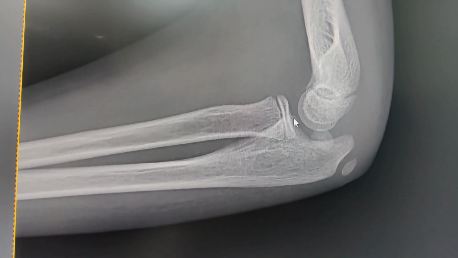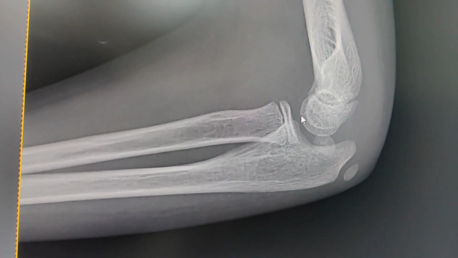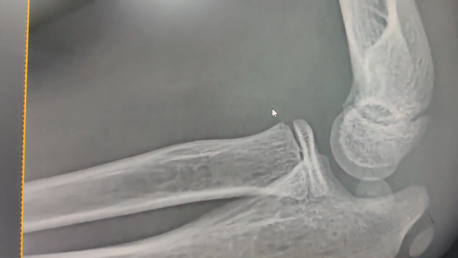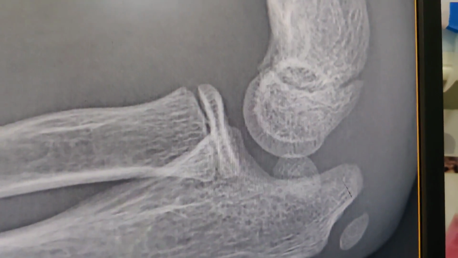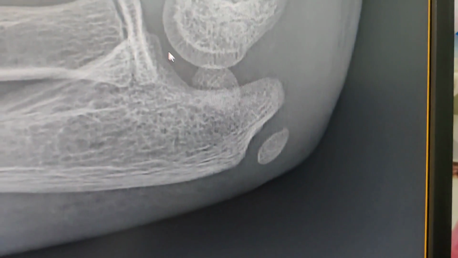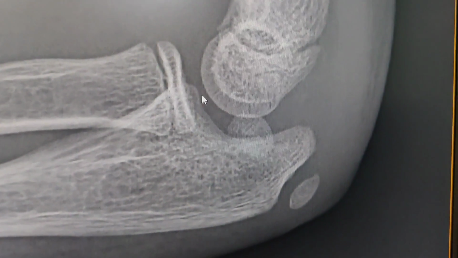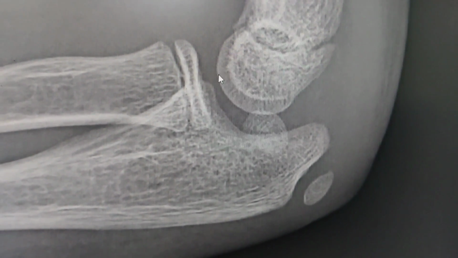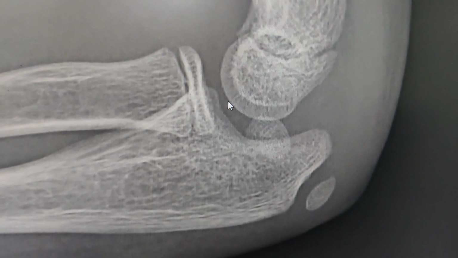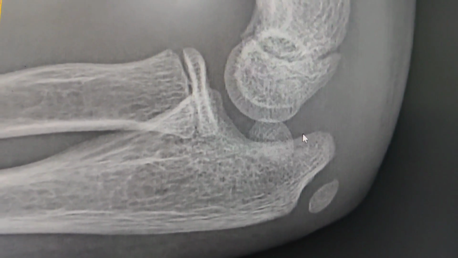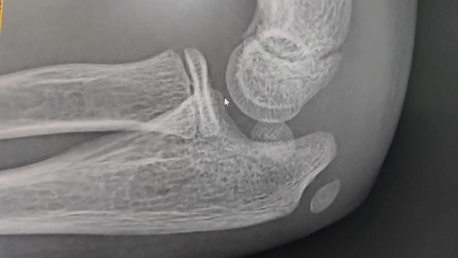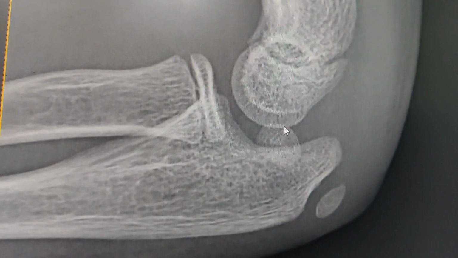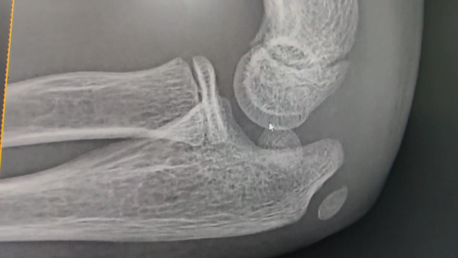Now if you look at the joint line, if you see from here to here, and from here to here, and if I zoom it even more, the distance from there to there is very less, and the distance from there to there is more. So this means this joint is not congruently reduced. This is another giveaway. There is some incongruence of the joint, where the anterior joint line is narrow and the posterior joint line is widened due to this foreign object, the medial epicondyle stuck in.